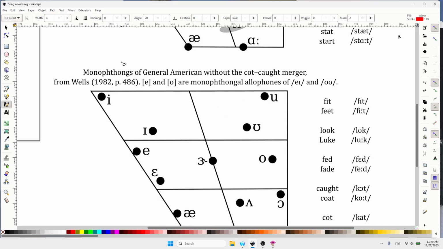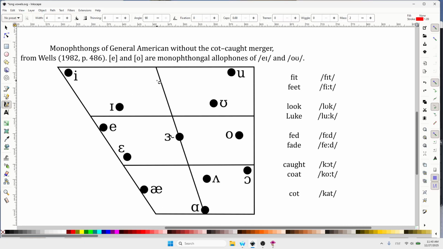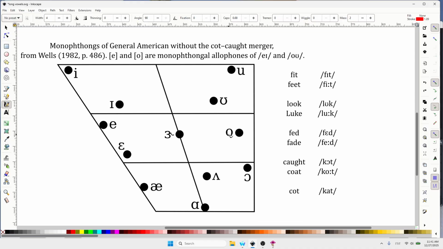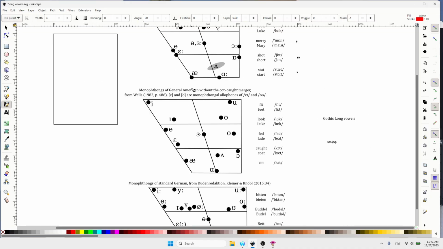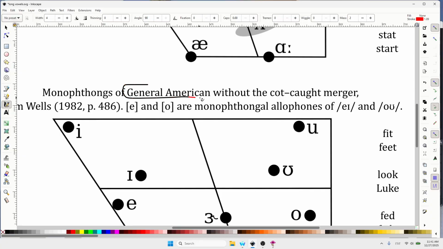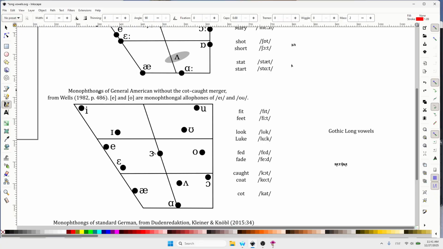Okay, next we have something which is a bit more like my dialect of English. It's General American. I would describe my speech as General American, but the thing about General American is it's hard to say what specifically it refers to.